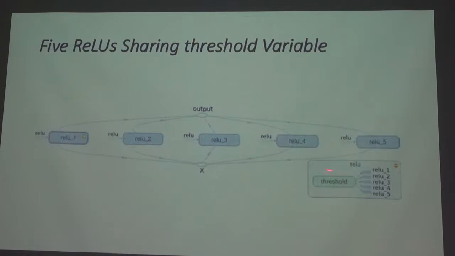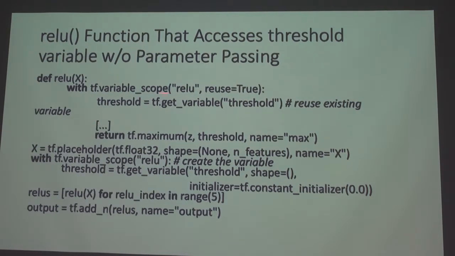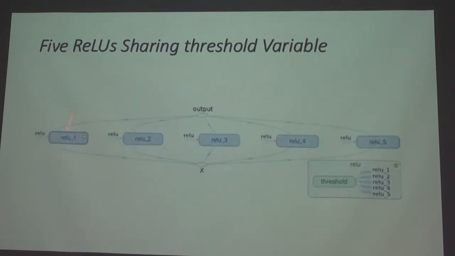But the threshold is different because, as I said, it was already created outside of the name scope. So if you look at the computation graph, the threshold actually appears here instead of inside each node.